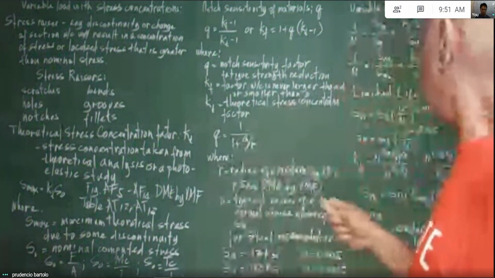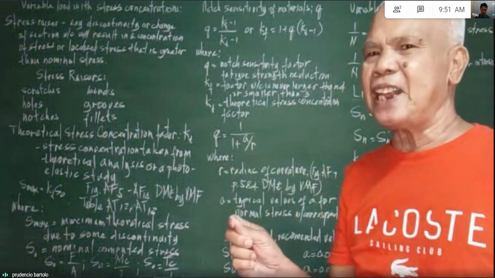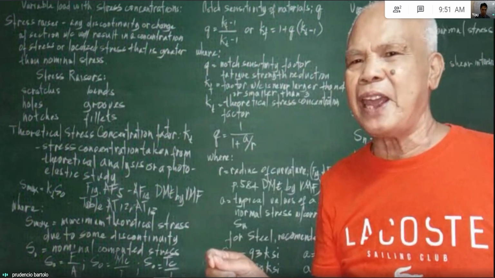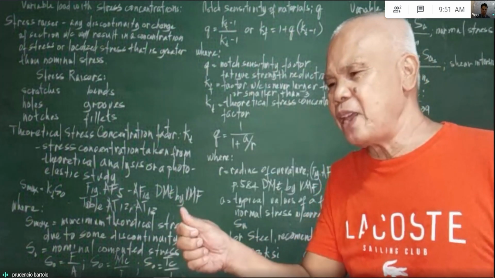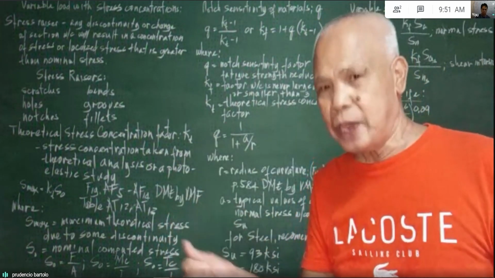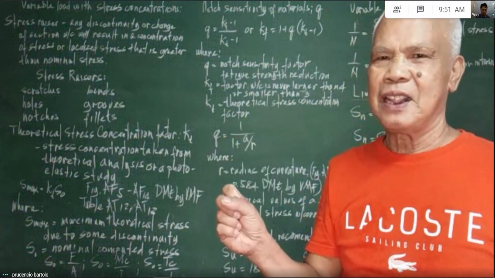Now, if the material is involved in shear in torsion, we will be applying a factor. Before, for axial loading, we have taken 0.8.